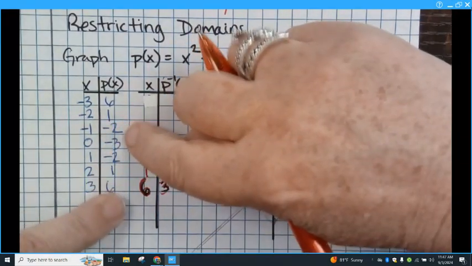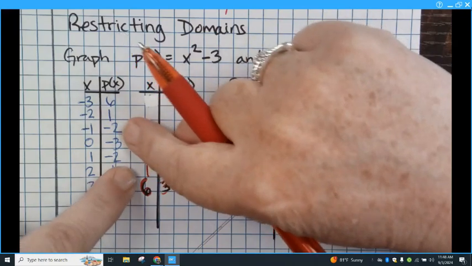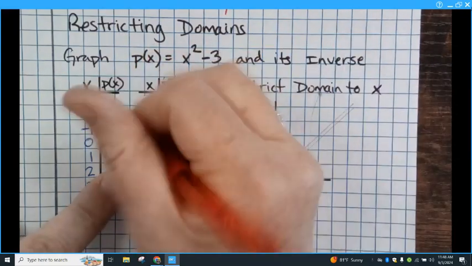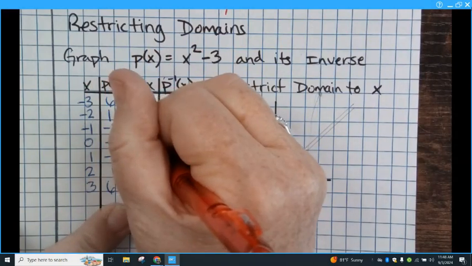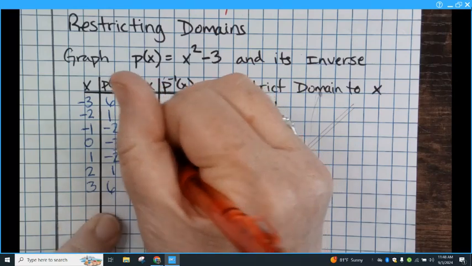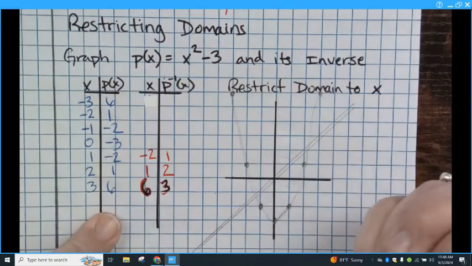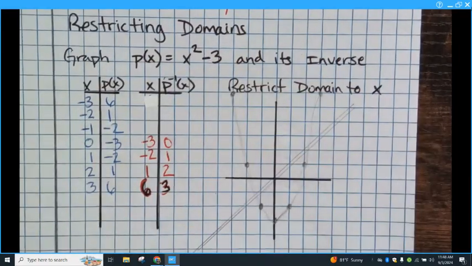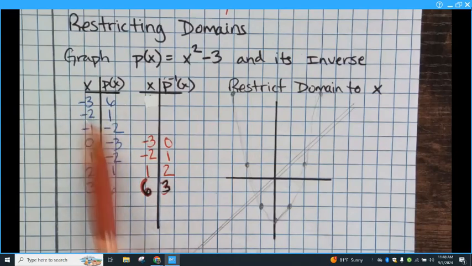I can't plug in -2, because I can't have a negative answer, so I'm going to go with -2, 1, and then here the -3 will switch: -3, 0. So we have to restrict our domain so that this doesn't actually exist.